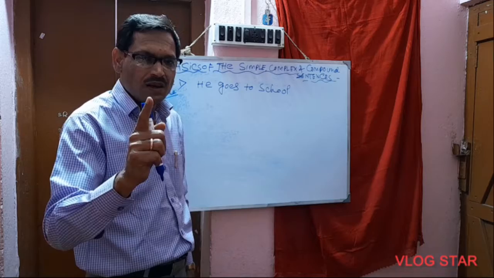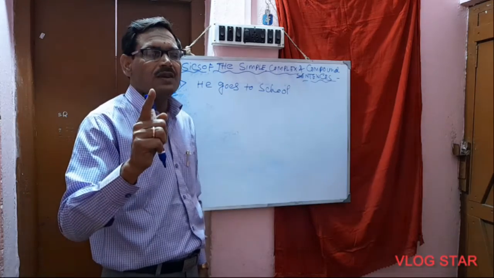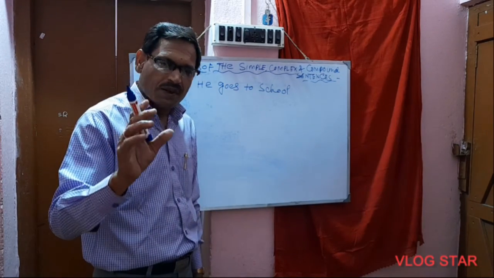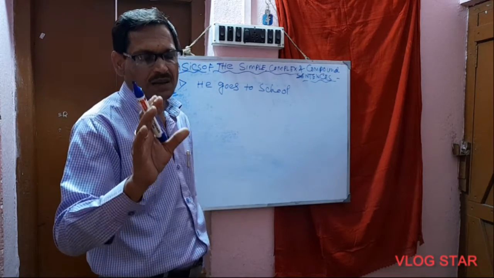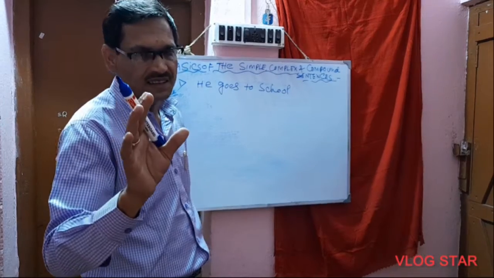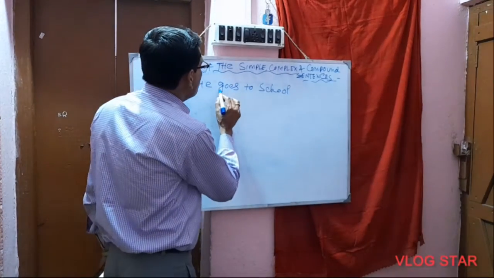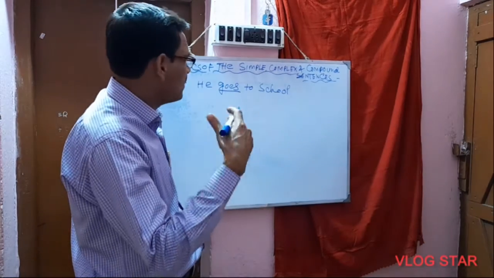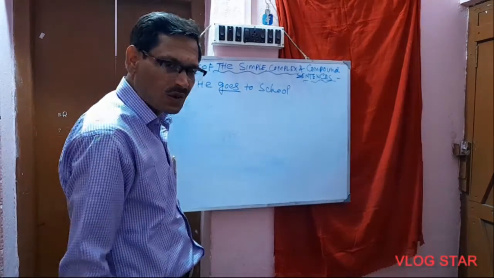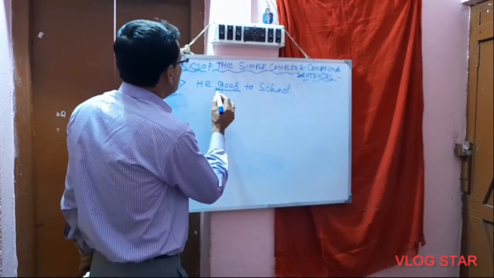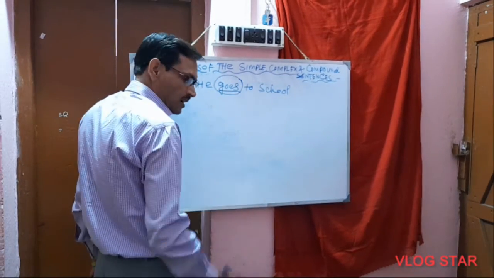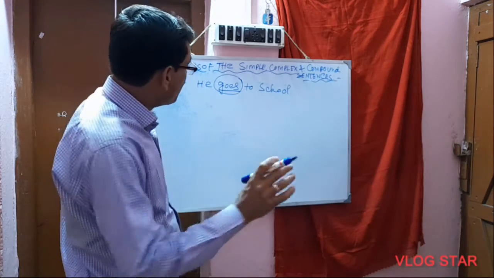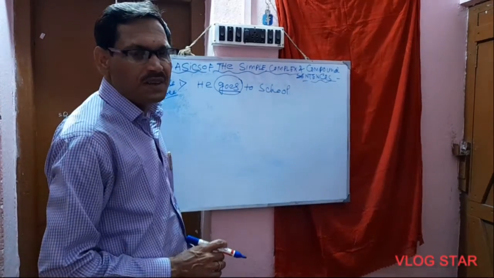What is a finite verb? You know, a verb which cannot be limited by number, mood, voice, and tense. Here it is a finite verb, as it abides by the rule of simple present tense. Now it is the one finite verb. So you must say that it is an example of a simple sentence.